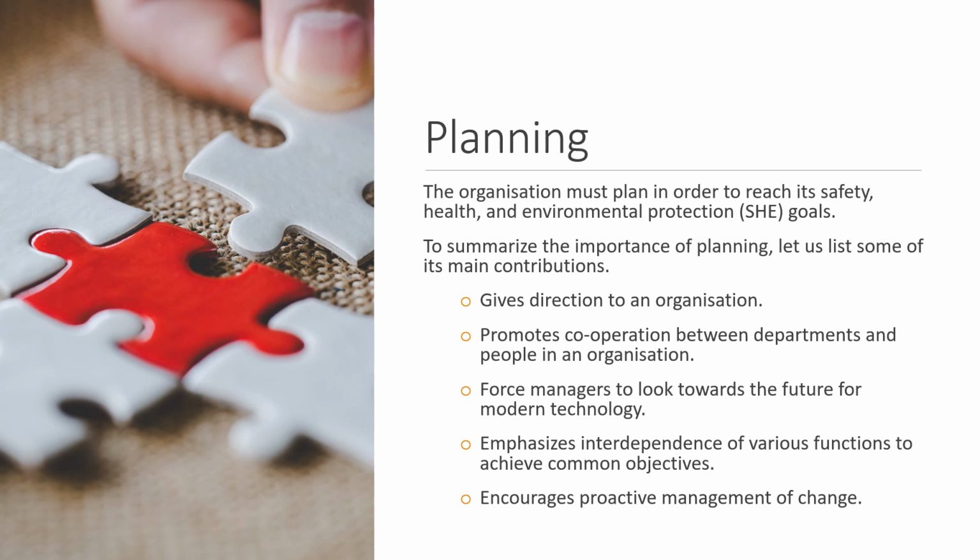It gives direction to an organization. It promotes cooperation between departments and people inside an organization. It forces managers to look towards the future for modern technology. It emphasizes interdependence of various functions to achieve common objectives. And it encourages proactive management of change.